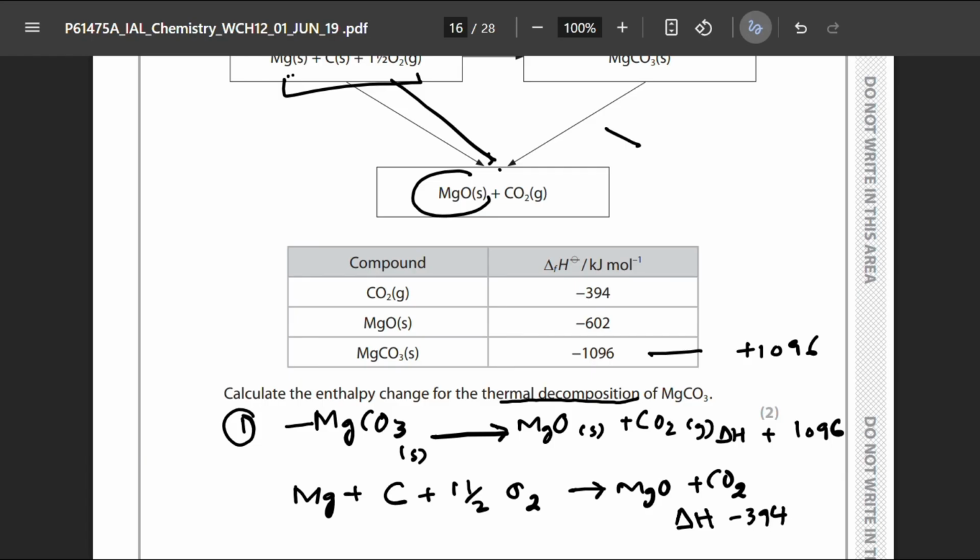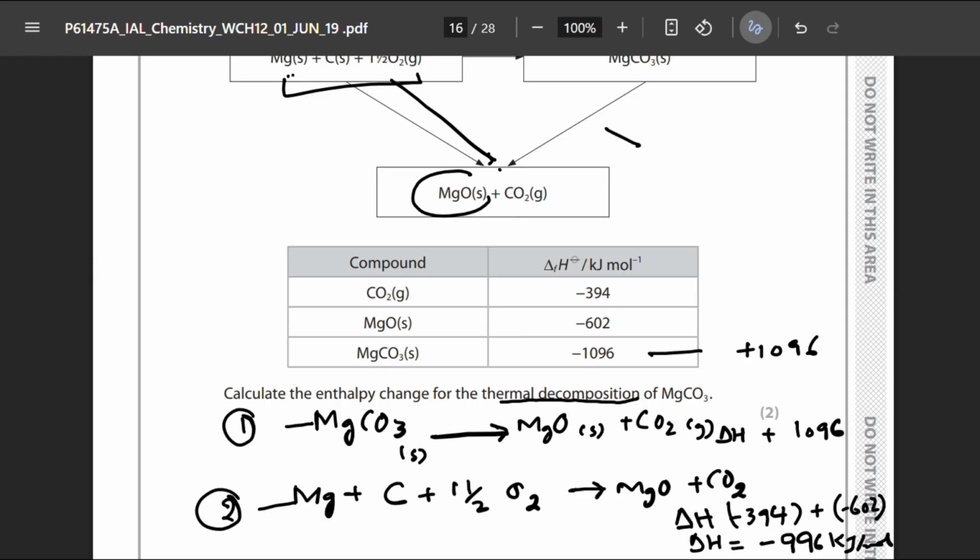So it's basically minus 394 added to the formation of magnesium oxide, which is minus 602. So the value of delta H when we combine the formation of magnesium oxide with carbon dioxide will be negative 996 kilojoules per mole.